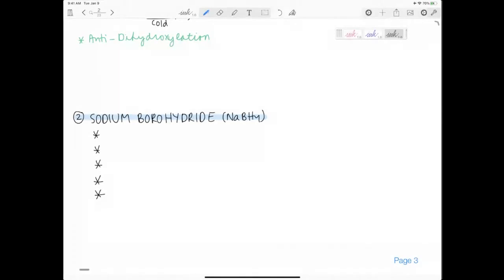Anti-dihydroxylation. Let's consider this molecule here. Can you name me the reagents? For an anti, it's a two-step process. Step one would be something we're going to talk about a lot on Sunday, epoxidation, in the presence of dichloromethane and MCPBA.